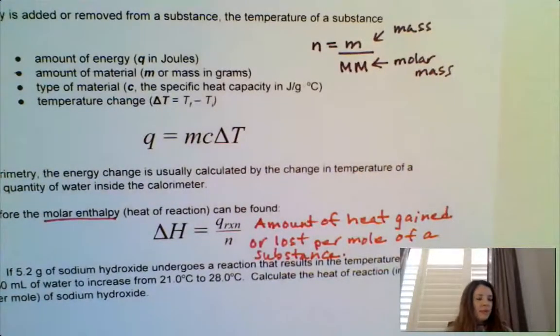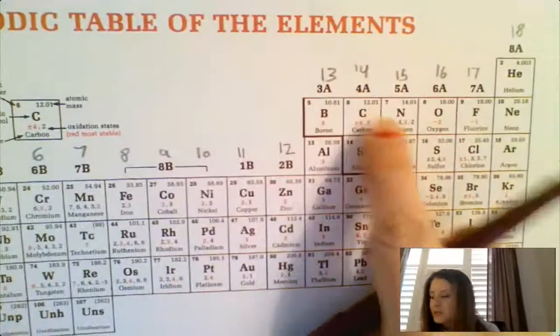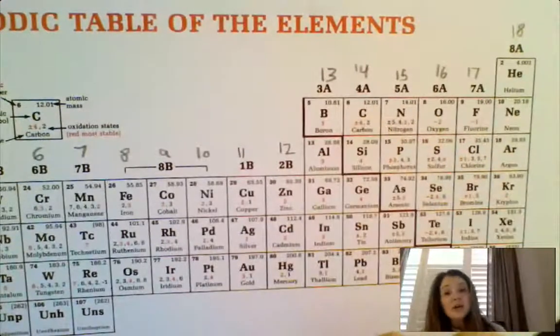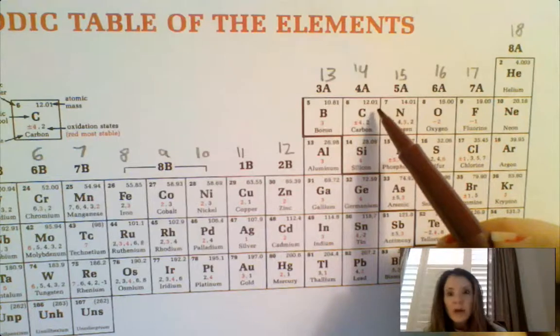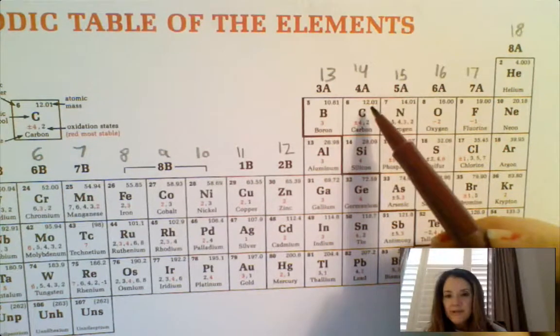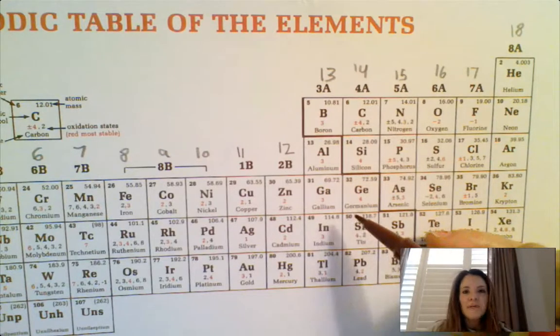So when I take a look at my periodic table and I use the average atomic mass that is reported for each substance, if I was to take a look at carbon, for instance, 12.01 grams of carbon, if I was to weigh that out on a scale, is equal to 1 mole of carbon.